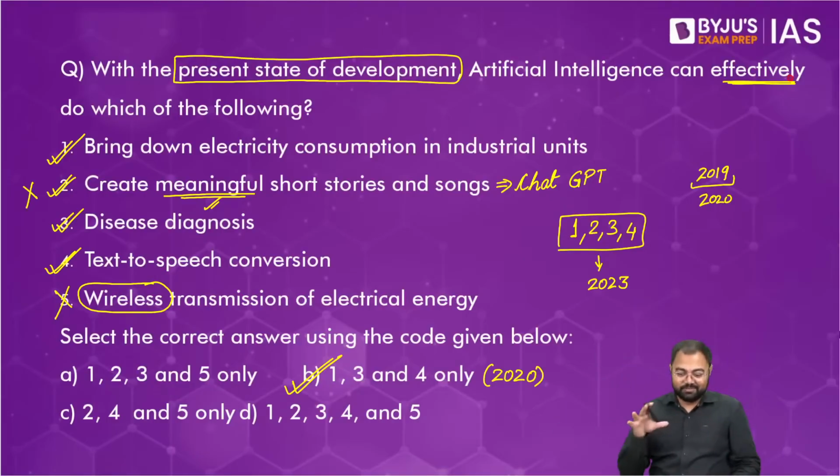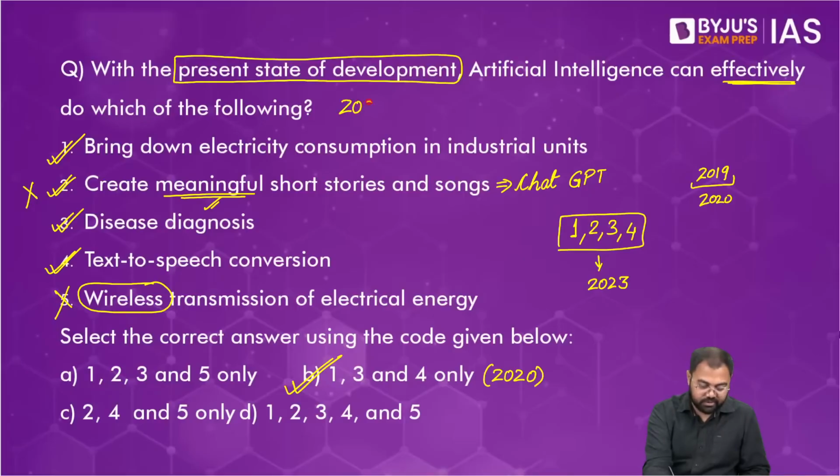But it says with the present state of development, artificial intelligence can effectively do which of the following? So that's why the answer then, when the question was asked, was B. And this is also the official answer. I'm almost sure that it was 2020 when the question was asked.